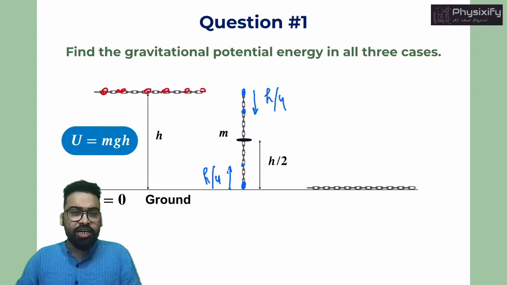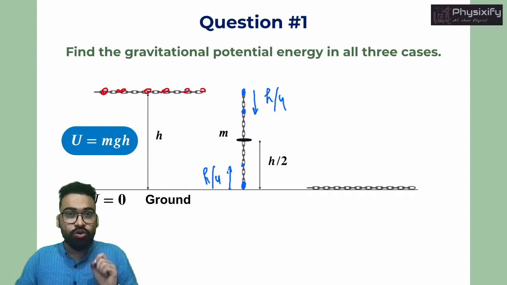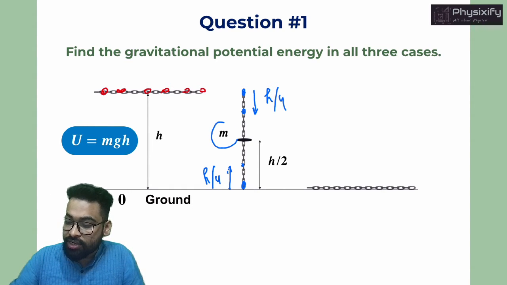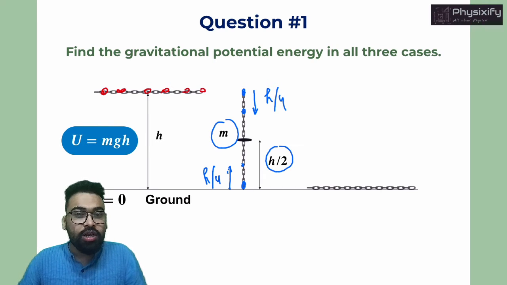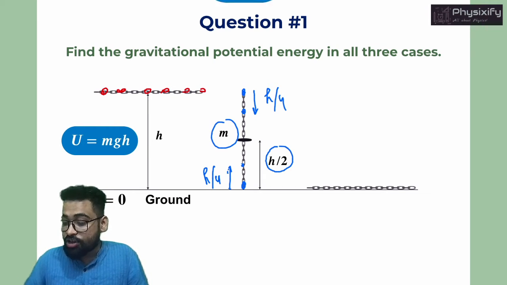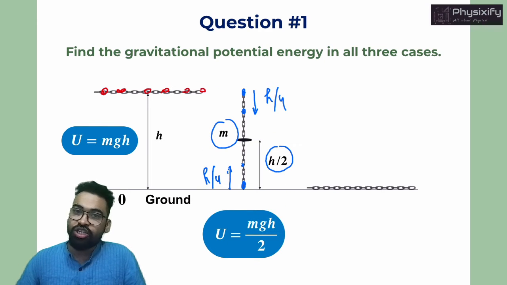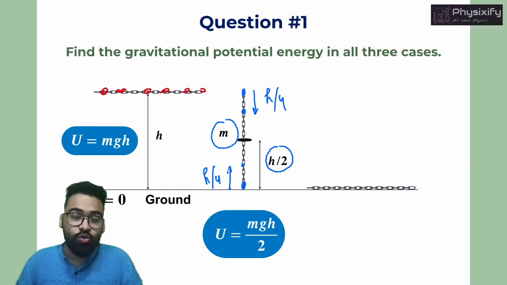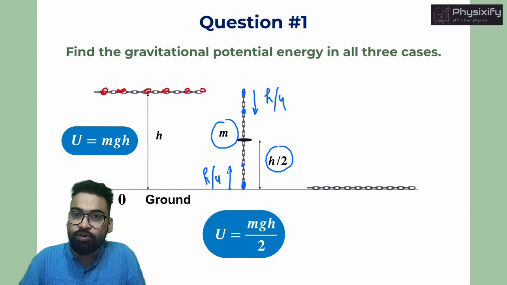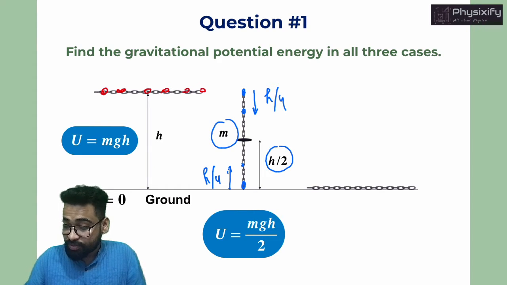This means I can assume all the mass to be kept at the center point, that is at a distance of h by 2. And in this case, your potential energy would be mgh by 2, because all the mass is kept at a height h by 2.